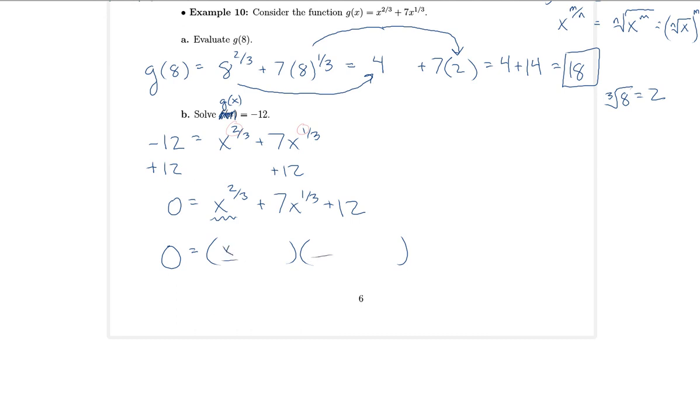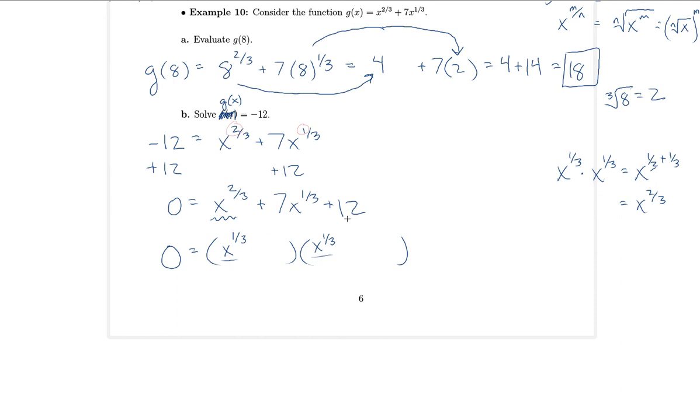Well, the answer is they'd have to be x to the 1/3, right? Because remember from our exponent rules that when you multiply like bases, you add the exponents, right? So that's how you're going to produce this x to the 2/3, by adding the exponents 1/3 and 1/3. And that's good because the middle term needs to have x to the 1/3, so you're going to have that.